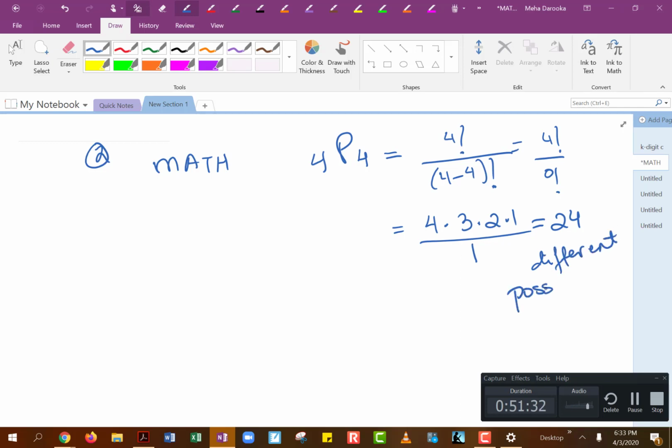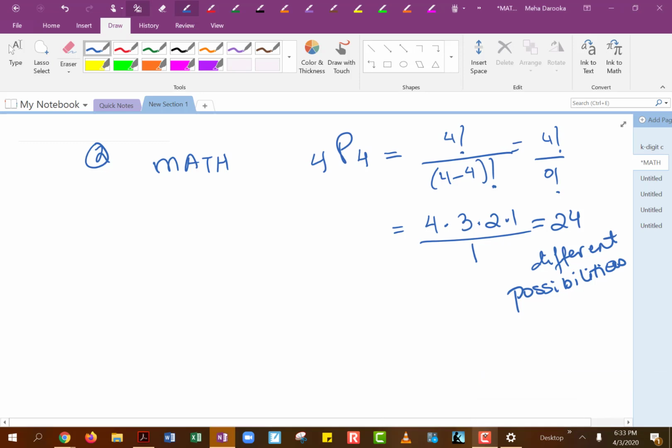So here's the deal. Like I was telling you before, you can have math, then just by switching the order of A and T, you can keep MA the same, but then you can change the order of H and T. So this is basically 2 different ways of writing that. You could also keep it as MT, but then change the location for your A and H. And of course, you can keep going, because remember, there's a total of 24 different possibilities you are looking at.